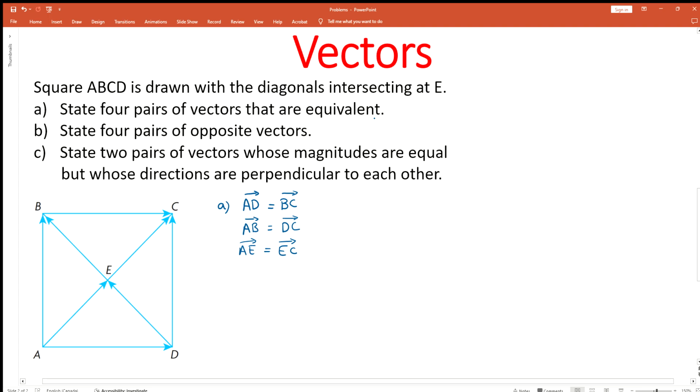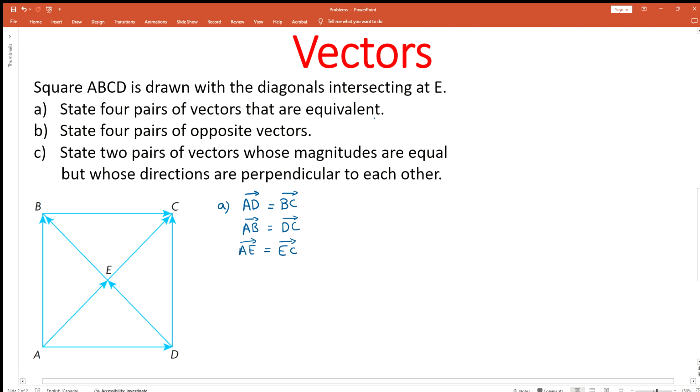Now we can identify the fourth pair of equal vectors. For that we can analyze diagonal DB. Diagonal DB is divided into two equal parts by point E. Length of line segment DE is equal to length of line segment EB. Line segment DE is represented by vector DE.